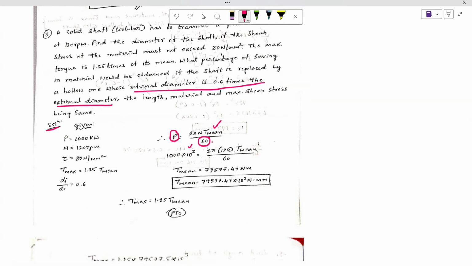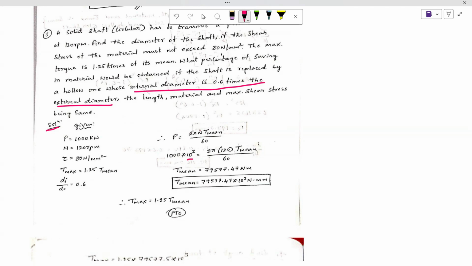Again, if in the denominator you have taken 60, you need to multiply the left hand side power by 10 to the power of 3. If you have taken 60,000, only take 1000. But in this problem, I have taken 60.